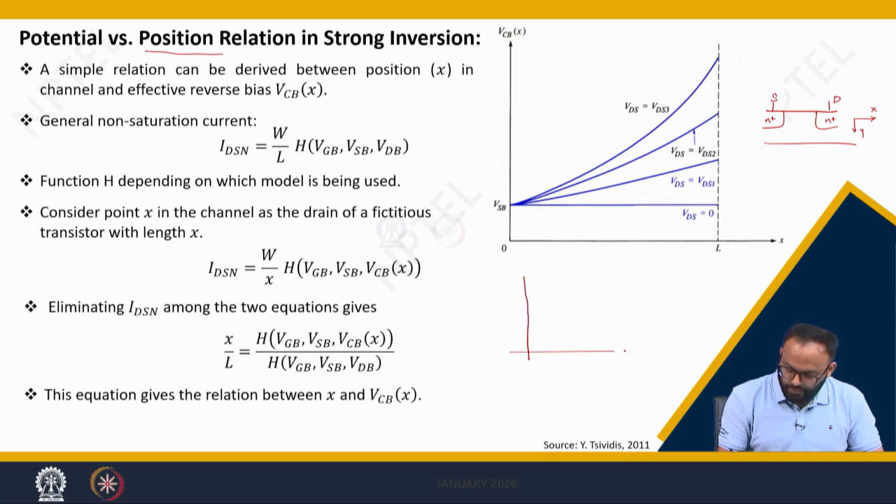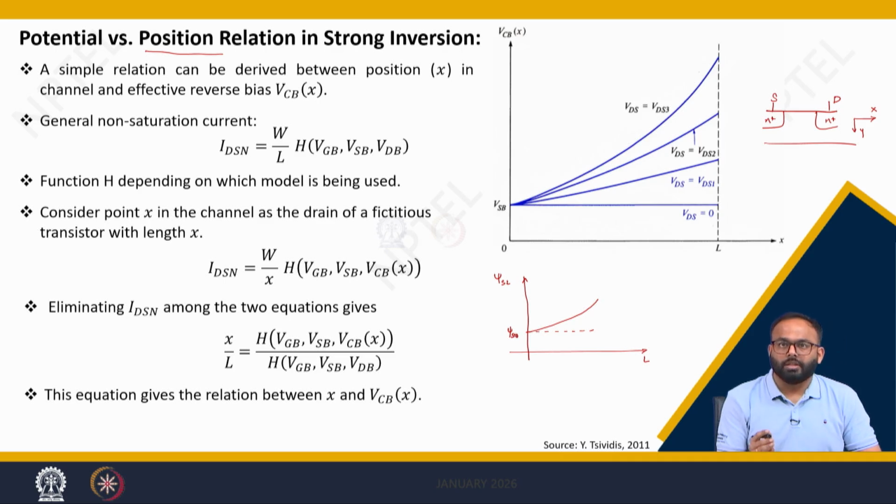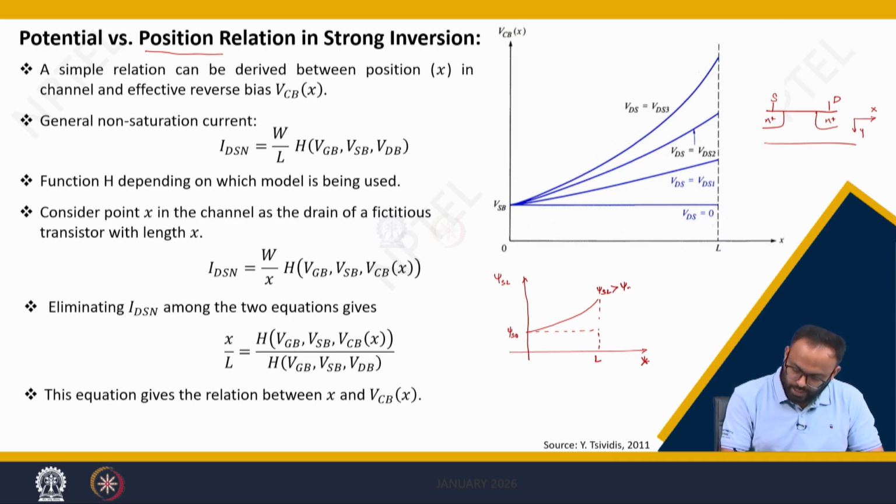When we change the x direction, the surface potential psi S0 at the source varies linearly, monotonically towards the channel length L, this is the x direction, and this is psi SL, greater than psi S0.